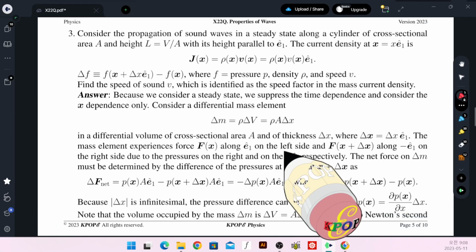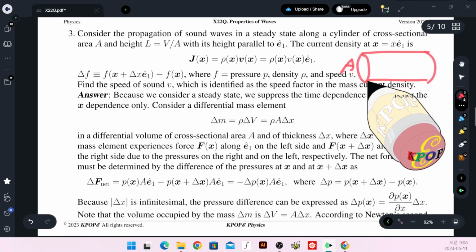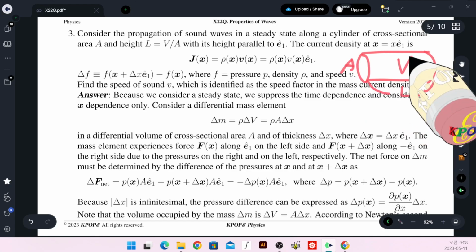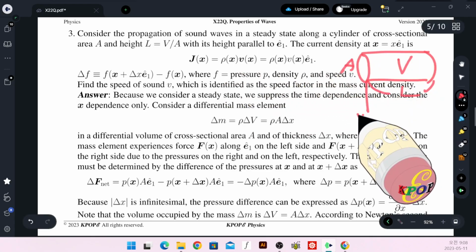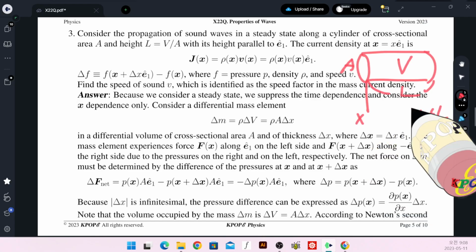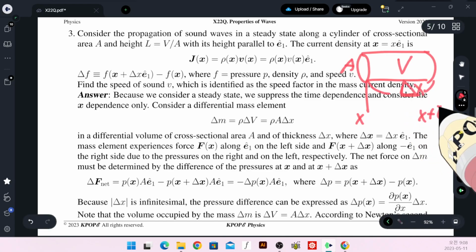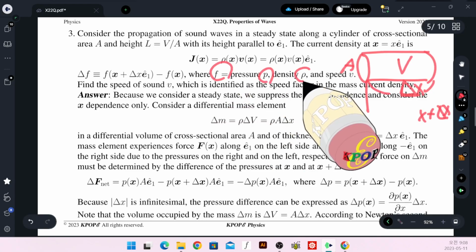Number 3, consider the propagation of sound waves in a steady state along a cylinder of cross-sectional area A and height L, and volume V. The current density, let's assume x plus L, and we will replace this L by a tiny piece that is called delta x. F may be a pressure, density, velocity.